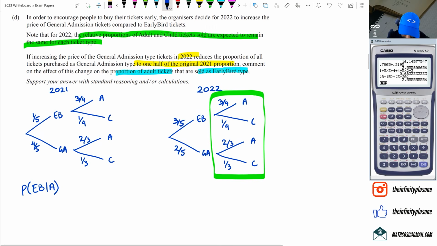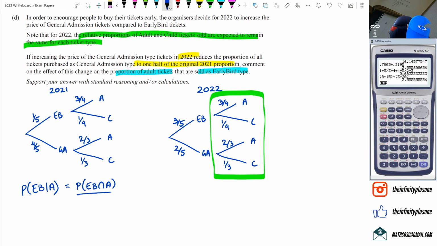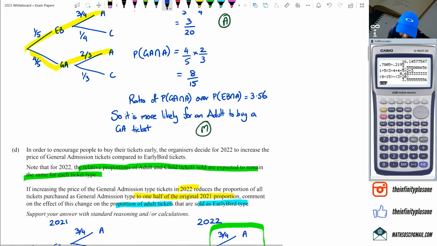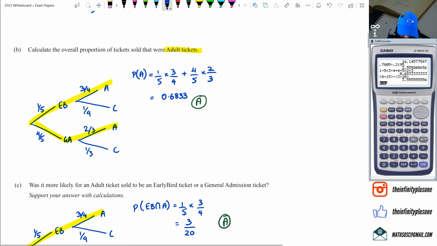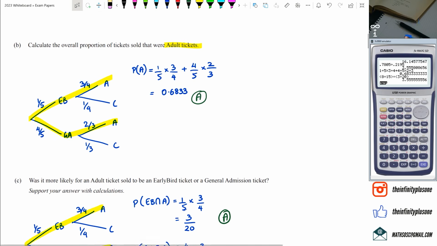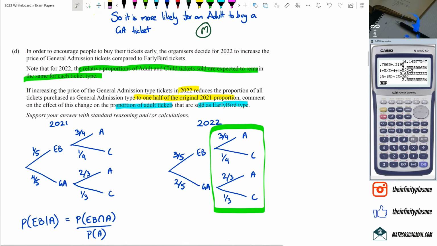So we need to do this using conditional probability: the probability of early bird and adult, divided by the probability of adult. If I'm correct, we actually calculated the probability of adult in question 1b, so I'm going to follow that same pattern here.